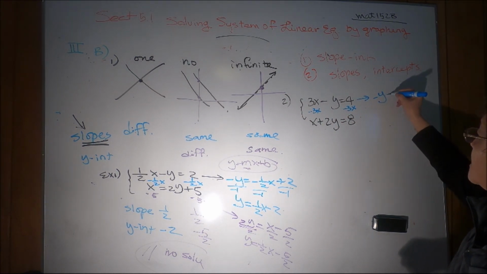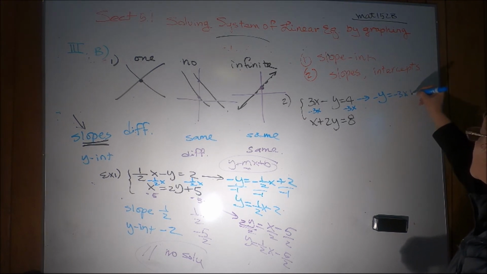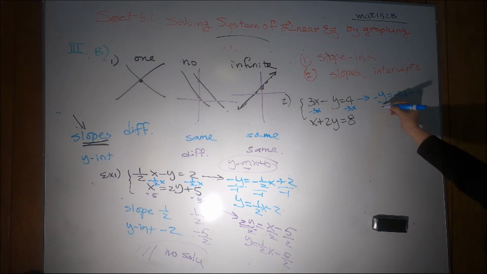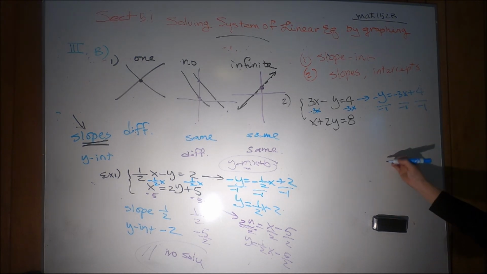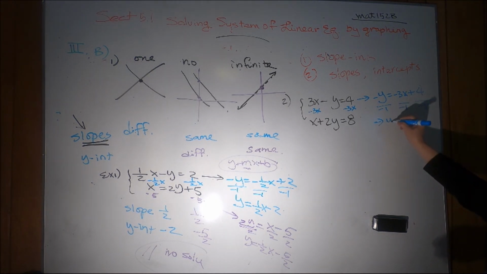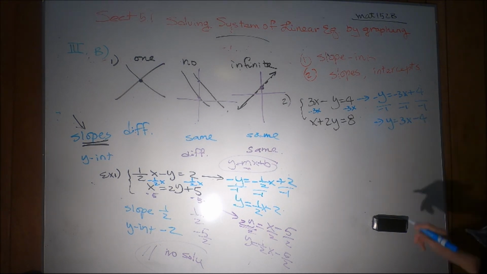Negative y equals negative 3x plus 4. Get y by itself, right? So what do we have? y equals 3x minus 4. So first one, the slope is what? 3.